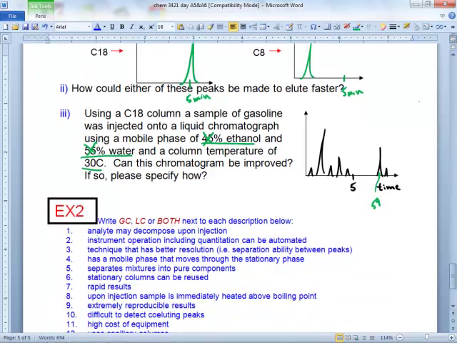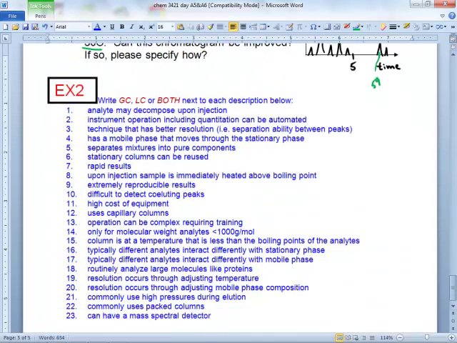Okay, so we have to write next to each one LC, GC, or both. Let's just start with number 1. We'll start in the back with Adrian, and then we'll just keep going. Analyte may decompose upon injection. What's that?